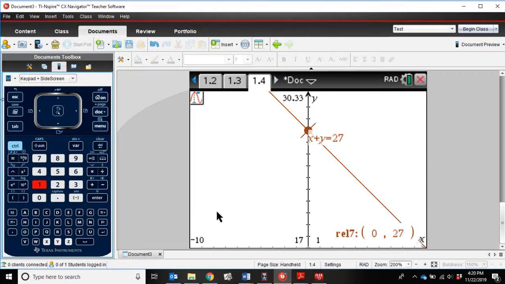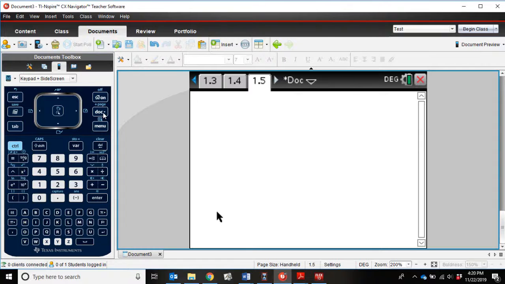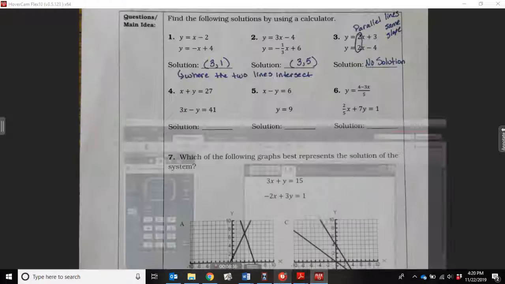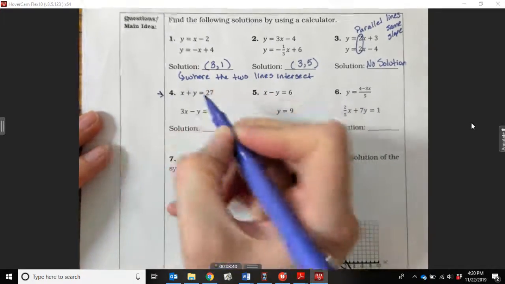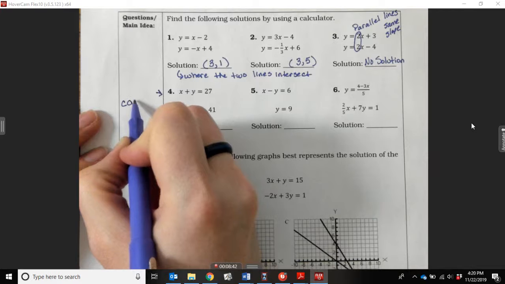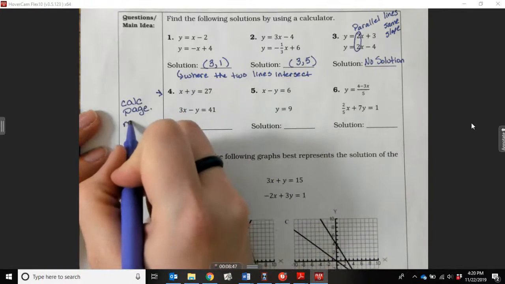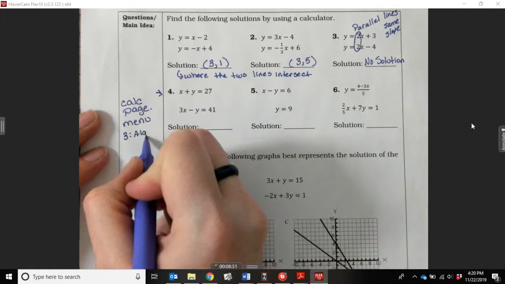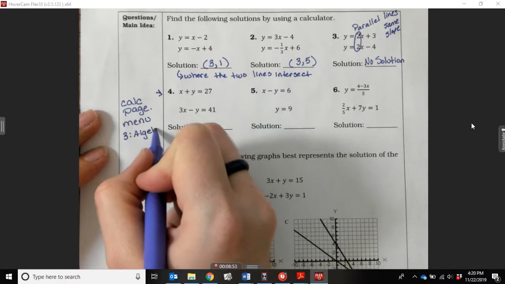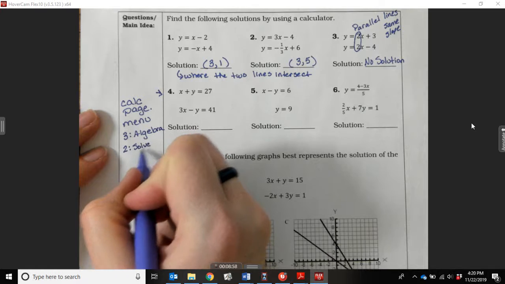So I'm going to show you a different calculator skill. So Control Dock, and we're actually going to go to a calculator page. So I'm going to write these steps down for you. To do these ones here, we're going to use a calculator page. We're going to press menu 3 for algebra, and then 2 for solve systems.